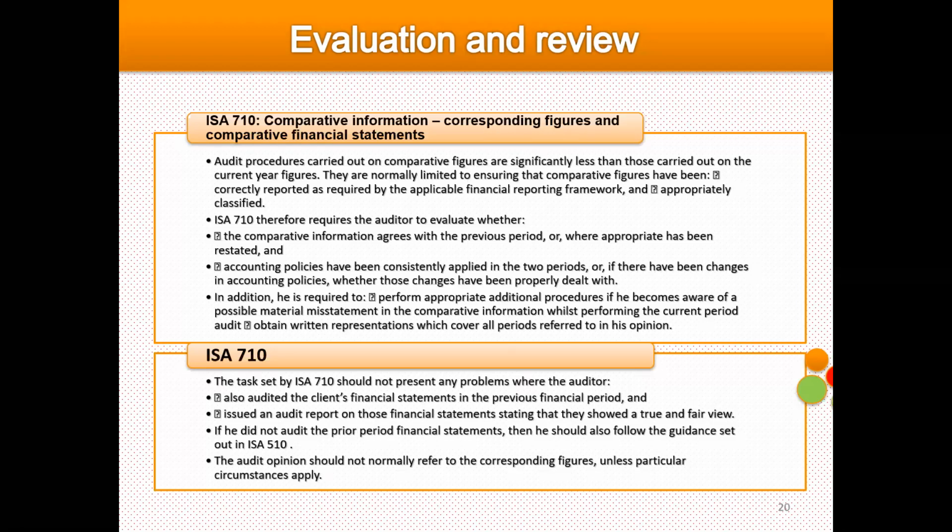The accounting policies also must be consistently applied, similar to what we are talking about in opening balances. So the opening balance should tie to the closing balance of prior year. The comparative information here should also agree with the previous period.